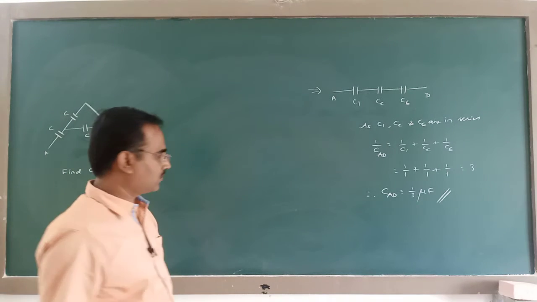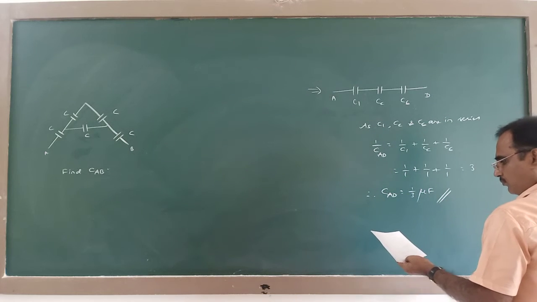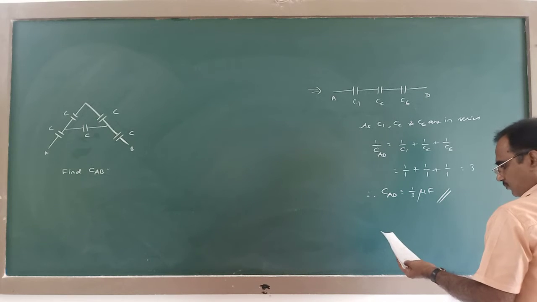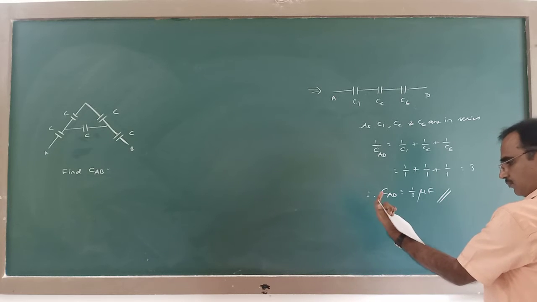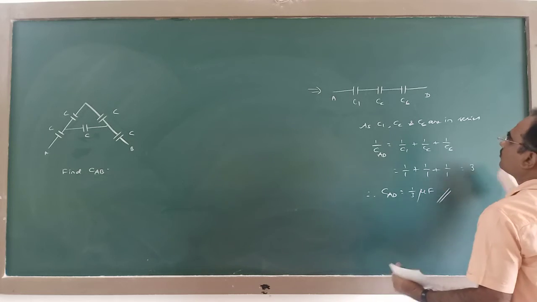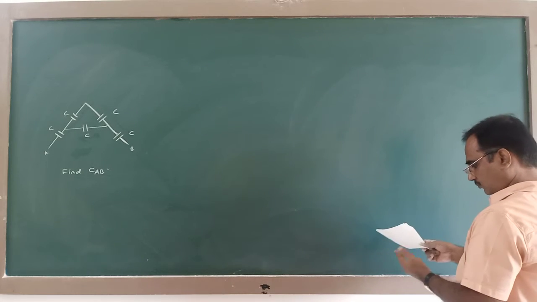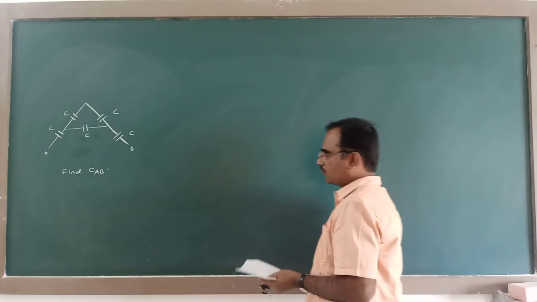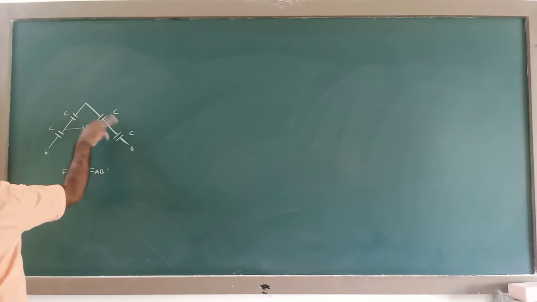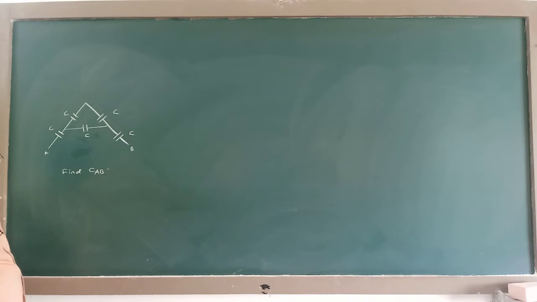So here is a problem like this. Each capacitor has capacitance C. You are asked to find effective capacitance between A and B.